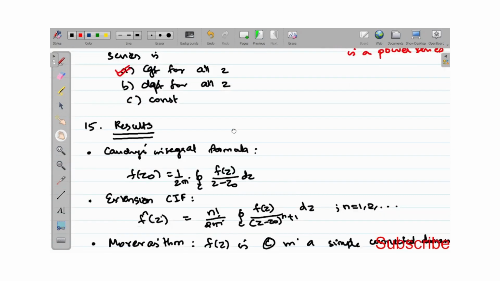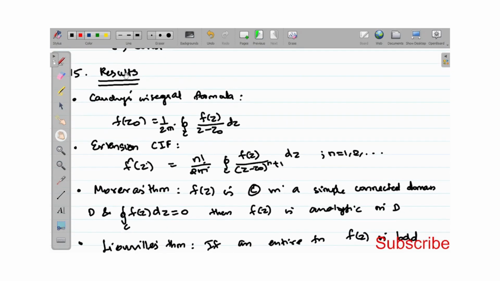Then we can see some results here. Cauchy integral formula is f(z0) = 1/(2 pi i) times the integral over C of f(z)/(z - z0) dz. The extension of Cauchy integral formula is f^(n)(z0) = n!/(2 pi i) times the integral over C of f(z)/(z - z0)^(n+1) dz.